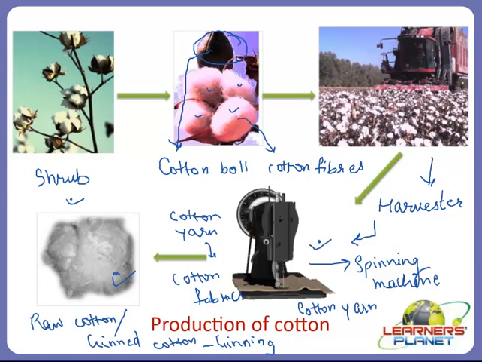So once they are done with cotton fabrics, they will make raw cotton and ginned cotton by the ginning process, because the ginning process will separate the cotton fibers from seeds, and so we can obtain cotton. You might have noticed the cotton which is at your home, right? And cotton is used in many things, in various ways.